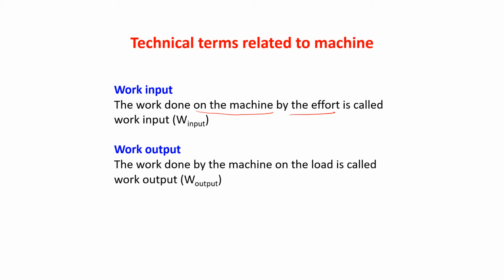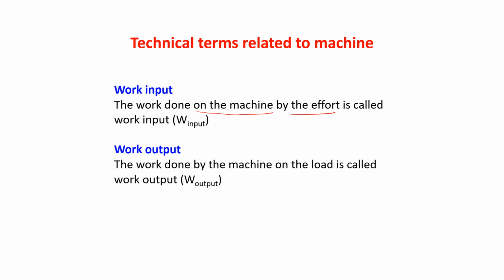And when the input is given by the machine on the load, then the load will do some work. Some work has been done on the load. That is the output that I can see.